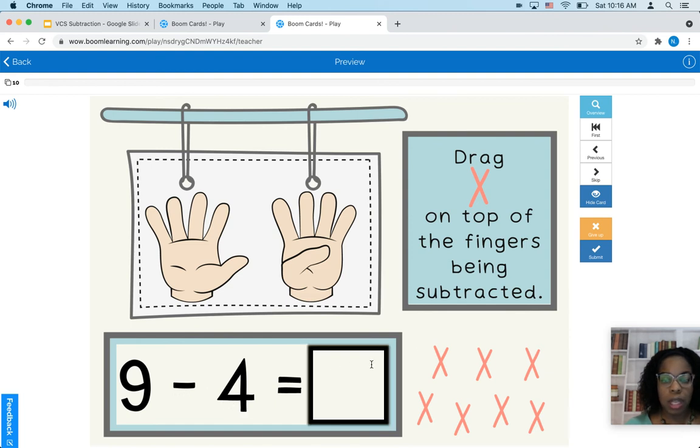So let's place an X on top of each finger. 1, 2, 3, 4. And let's see how many we have left. Let's count. 1, 2, 3, 4, 5. Students would type number 5, and I would model this for the students before doing it so they understand what to do. And then we would submit.